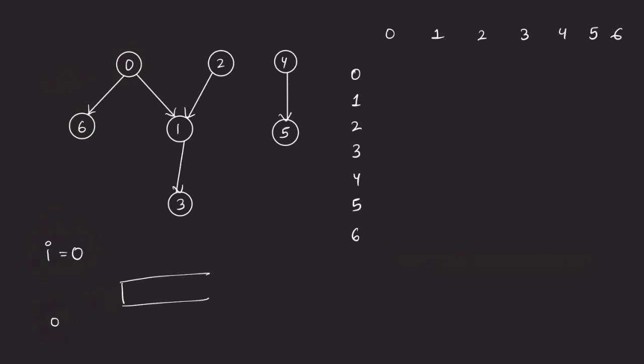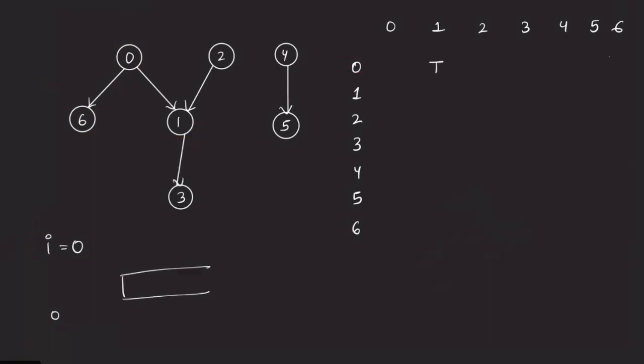Through that adjacency list, you identify the adjacent elements of 0, which are 6 and 1. In this vector, for row 0, for 6 and 1 it would be false right now, so we make these true and push 6 and 1 into the queue.